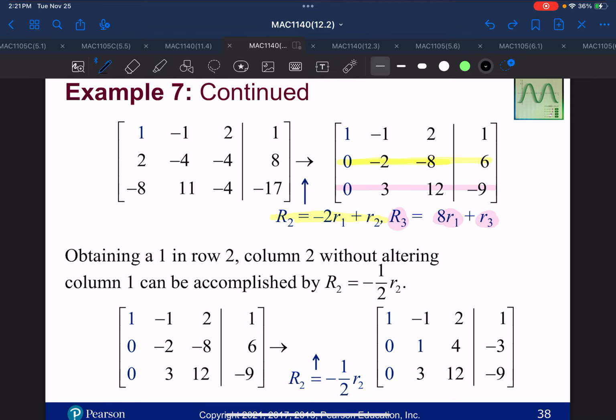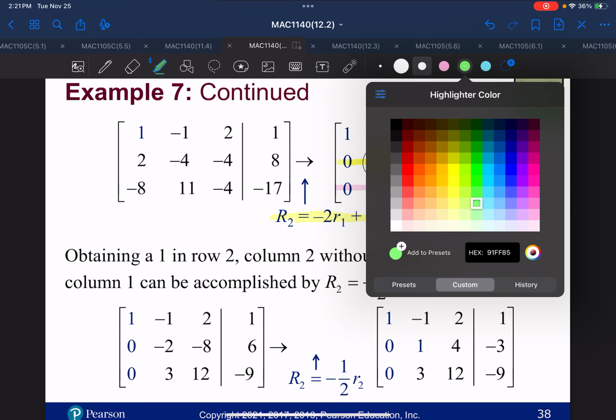Okay, so now we've gotten the first entry equal to 1 and all the entries below it equal to 0. So the next thing I would like to do is get this entry equal to 1. So I can easily divide row 2 by negative 2 in order to get that to equal 1.